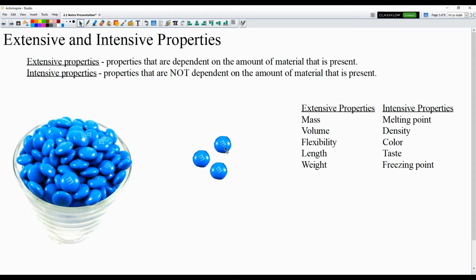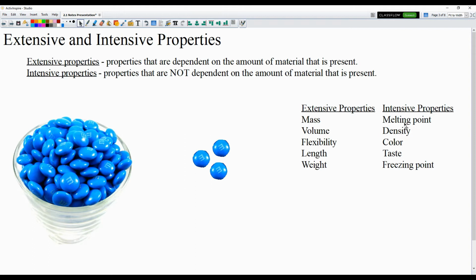And I could take a third one out. They're still blue. I could have a truckload of these M&Ms and they're still going to be the same color, blue. So this does not depend on the amount of material that you have. That's intensive properties. Okay, so more intensive properties are melting point, density, taste, and freezing point.